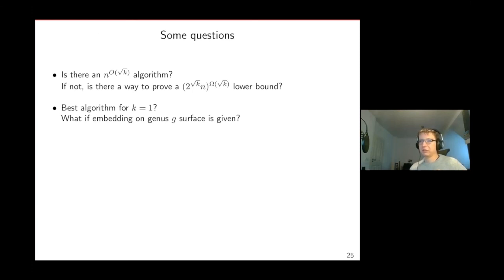So I have a graph embedded on a surface, and all the terminals are on one face, meaning a face that is homeomorphic to a disk. And the question is, well, what is the dependence of the running time on the genus g?